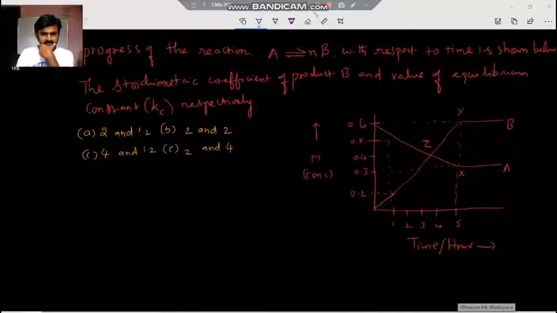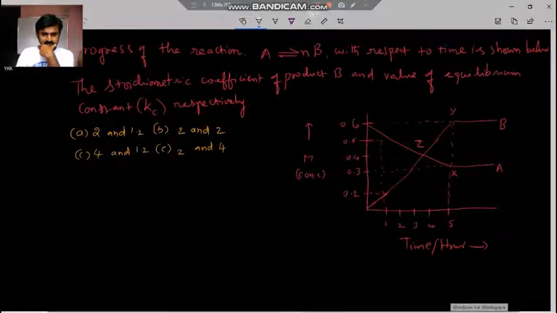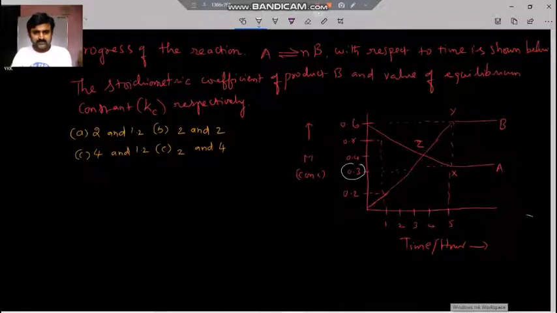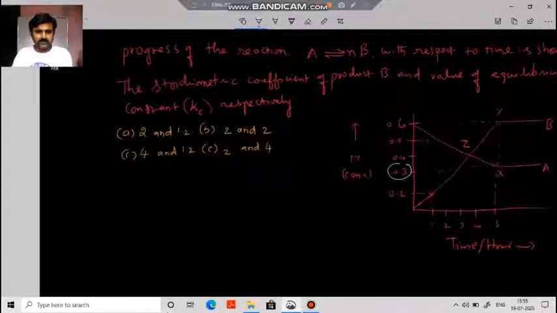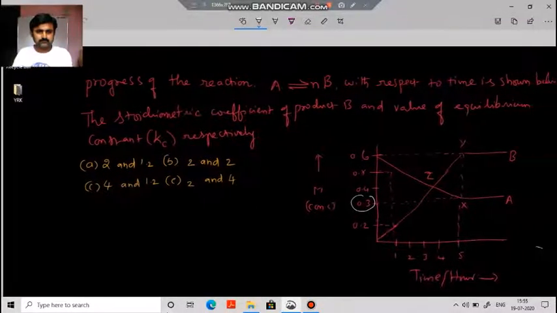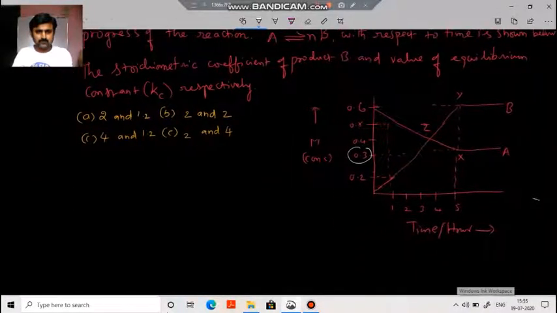So at 0.3, you can check the concentration of B now.